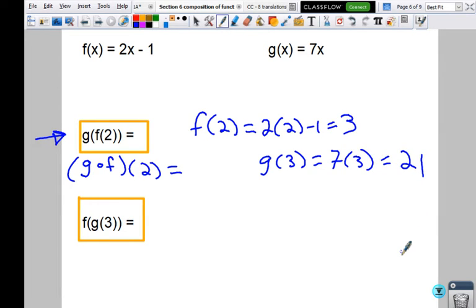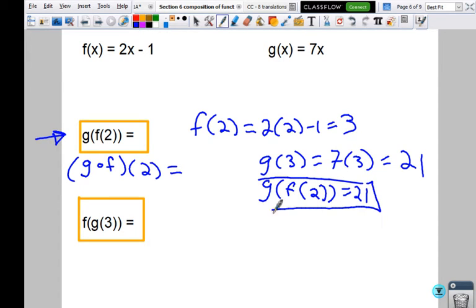So my final answer is G of F of 2 equals 21. I need this 3 right here, but it's not my final answer.